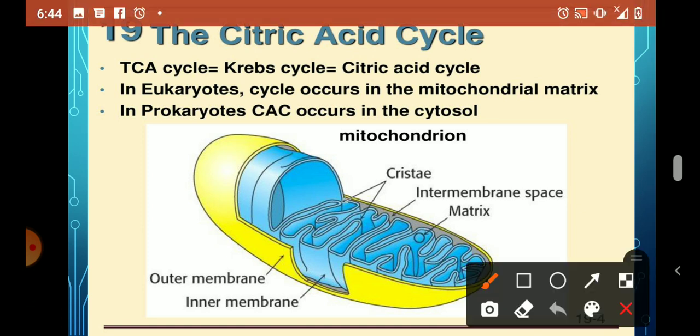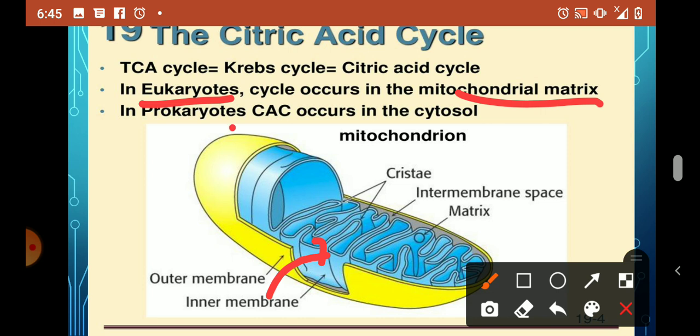In eukaryotes, all the eukaryotes which have a proper nucleus, the cycle occurs in the mitochondrial matrix. From cytosol it goes now into the mitochondrial matrix. In prokaryotes, CAC occurs in cytosol because prokaryotes don't have membrane bounded organelles.